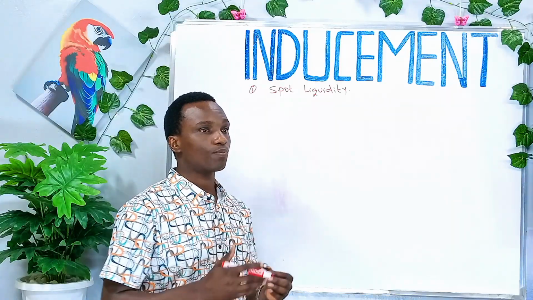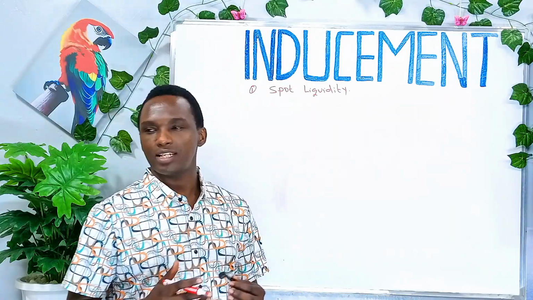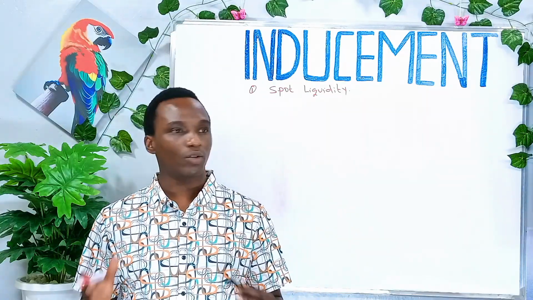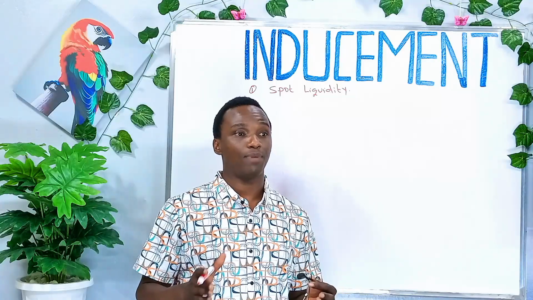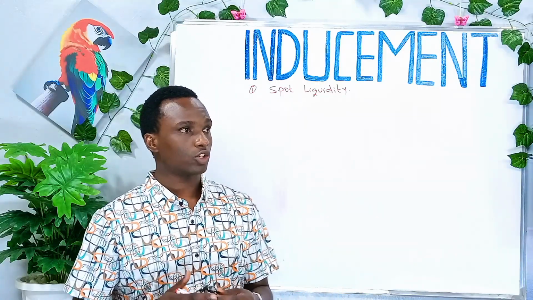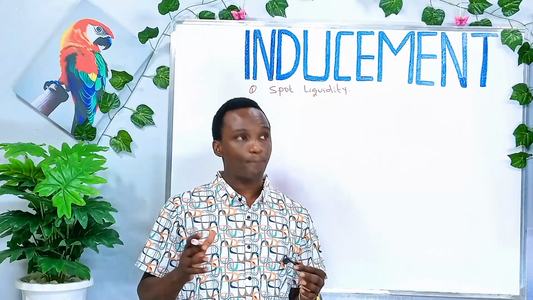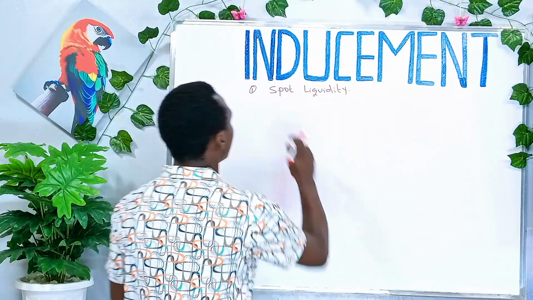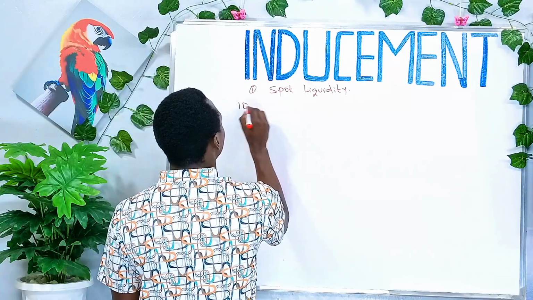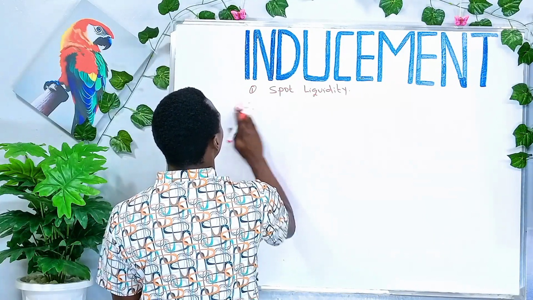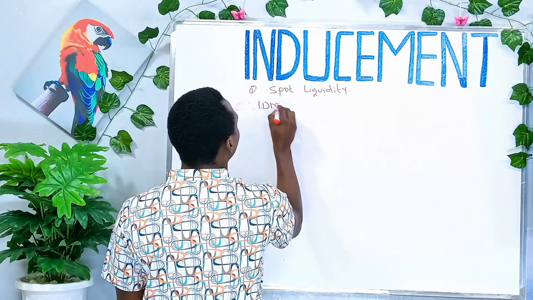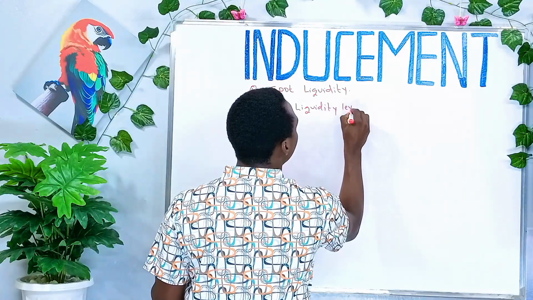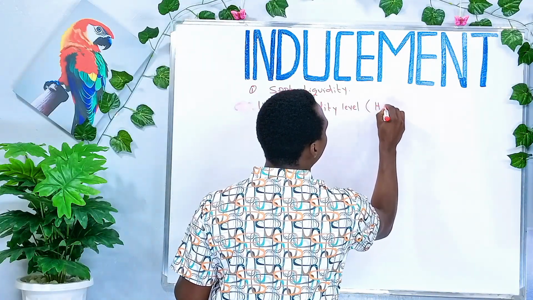Okay, so to spot liquidity, you see, inducement levels coincide with areas of liquidity where many traders have placed orders. Okay, so if you can spot liquidity pools in the market, then you can spot inducement. Okay, so what we're saying is that inducement, IDM plus liquidity levels, this one goes hand in hand.